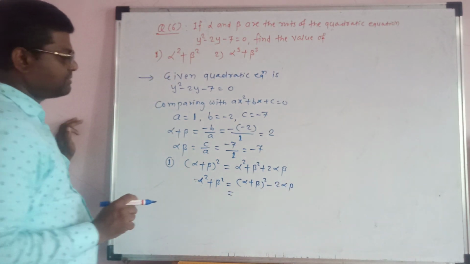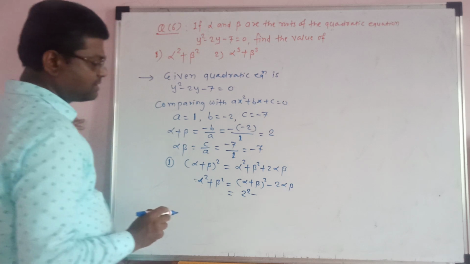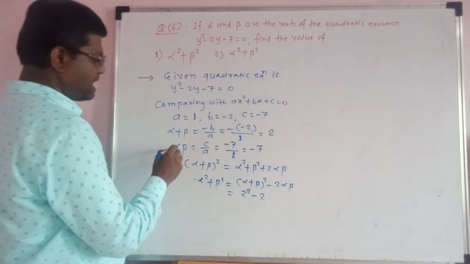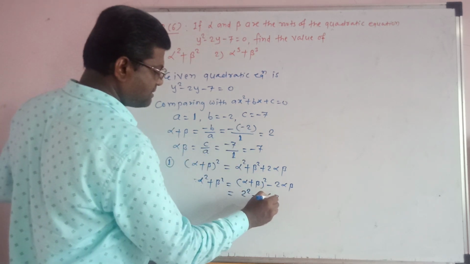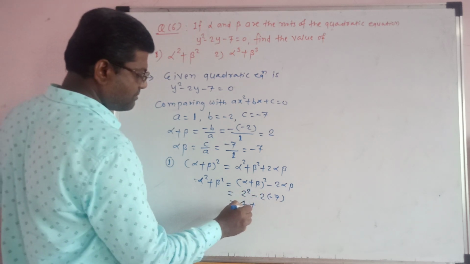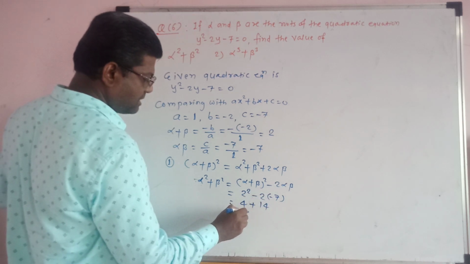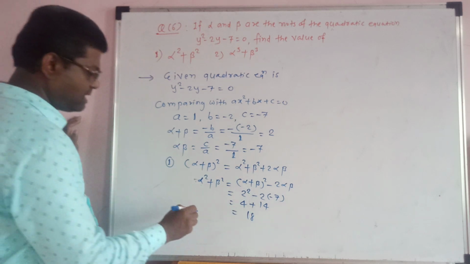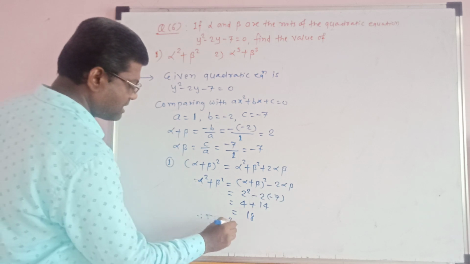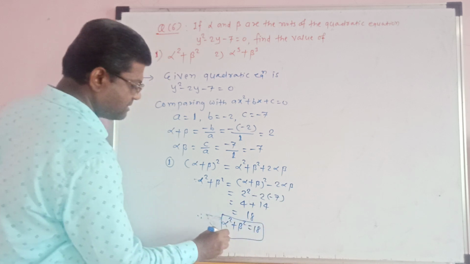The value of alpha plus beta is 2, so 2 square minus 2 into the value of alpha into beta, which is minus 7. Therefore 2 square is 4. Here minus minus will be plus. 2 into 7 is 14. 14 plus 4 is 18. Therefore alpha square plus beta square is equal to 18. This is the first answer.